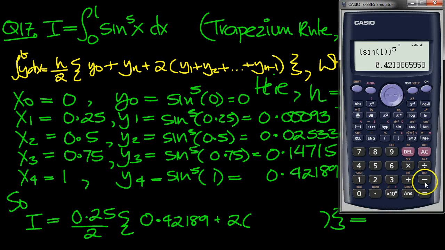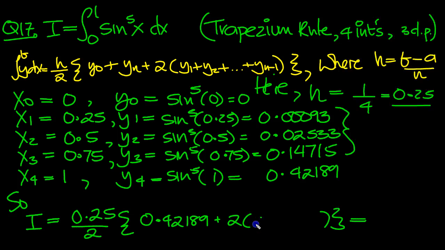So we've got 0.14715 plus 0.02533 plus 0.00093. So they were just three numbers, 0.00093, 0.02533, and 0.14715. That gives 0.17341.